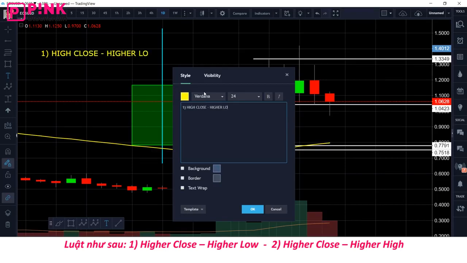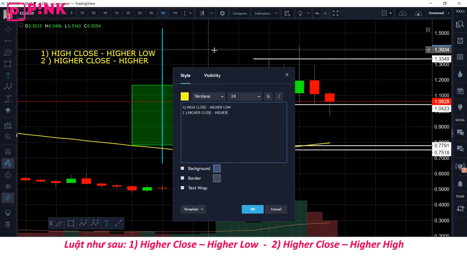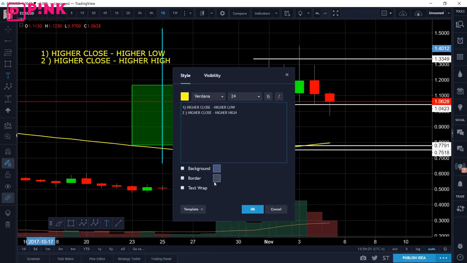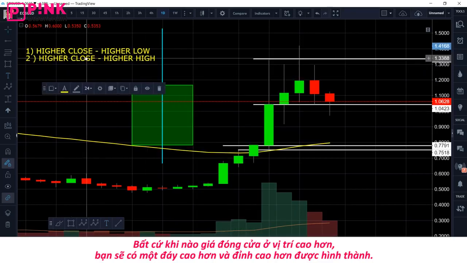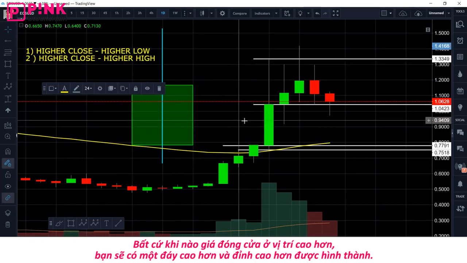Basically a higher low, and we also have a higher close, sorry, and a higher high. That's what I meant to say. So whenever it closes, it needs to close higher for both of them, okay? You've got to have a higher low and a higher high.